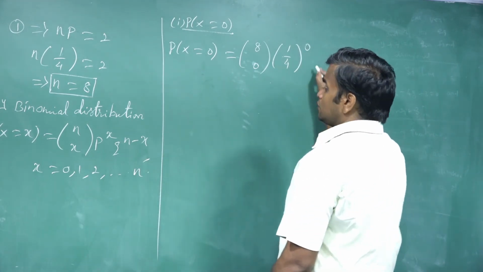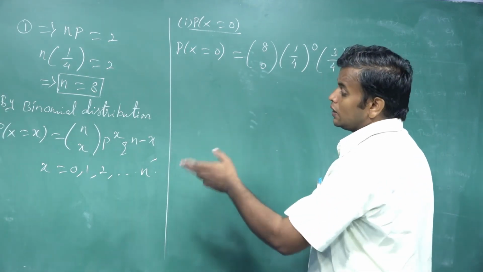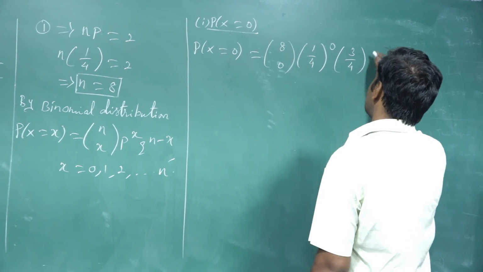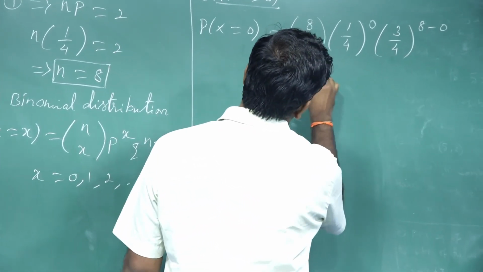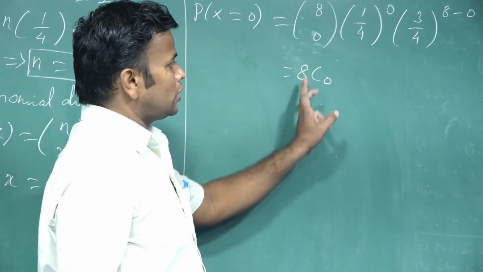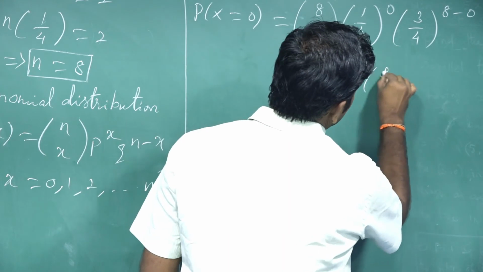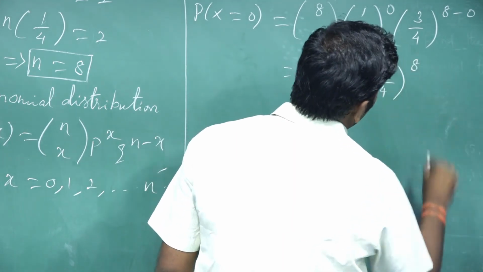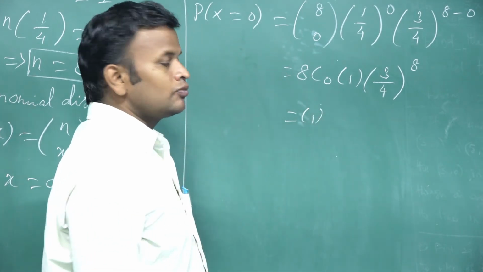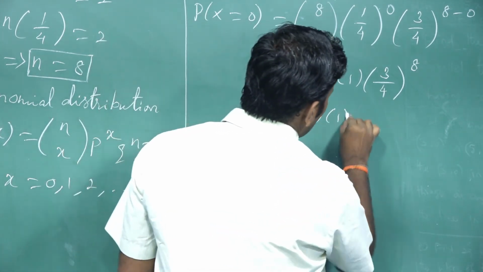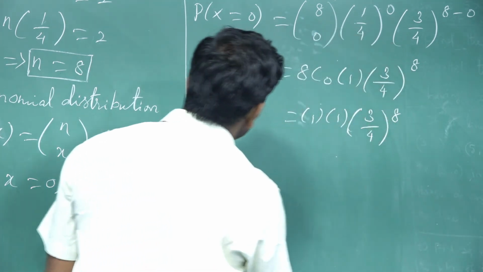And q power, the value of q is 3 by 4, power n minus x, the value of n is 8, 8 minus 0. 8C0 is 1. 1 by 4 whole power 0 is 1. 3 by 4 whole power 8. 8C0 is just 1. 1 into 3 by 4 whole power 8.